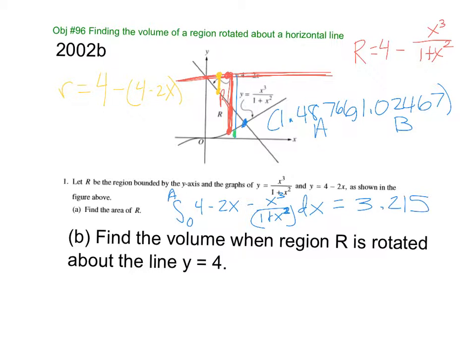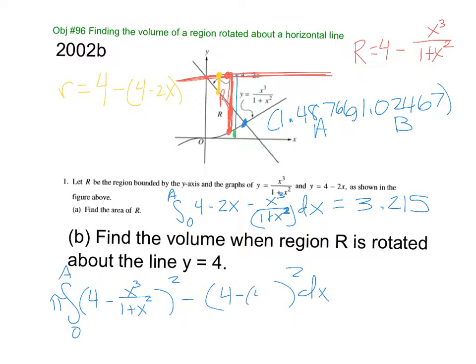So to write the integral, pi from 0 to a, big R squared minus little r squared. Big R was 4 minus x cubed over 1 plus x squared, squared, minus 4 minus 2x, squared. Now remember I told you this is why I use y1, y2, because it's really easy to mess up typing these.